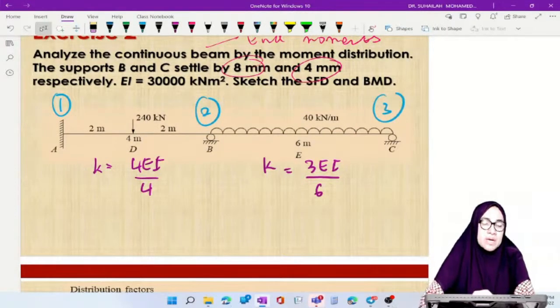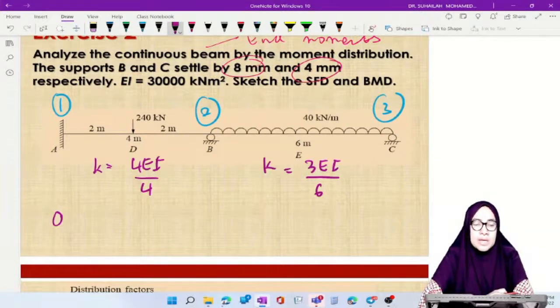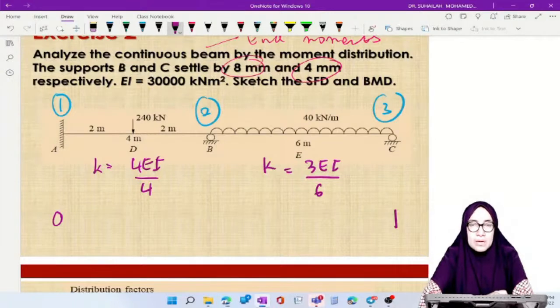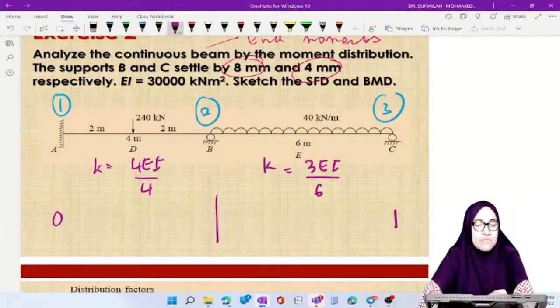From this we can calculate the distribution factor. Distribution factor for AB is 0, because for a fixed end the distribution factor is equal to 0, and for a roller or pin end it is equal to 1. So we have two values here, for BA as well as BC.